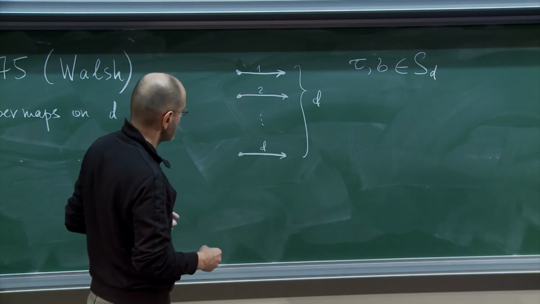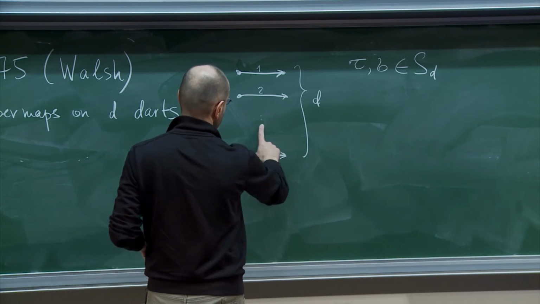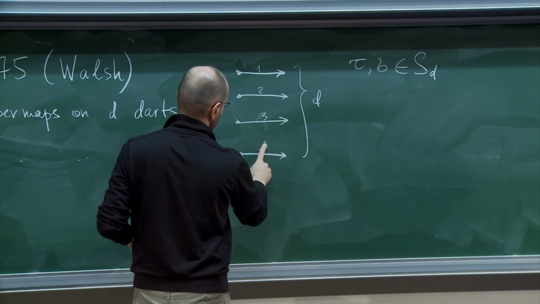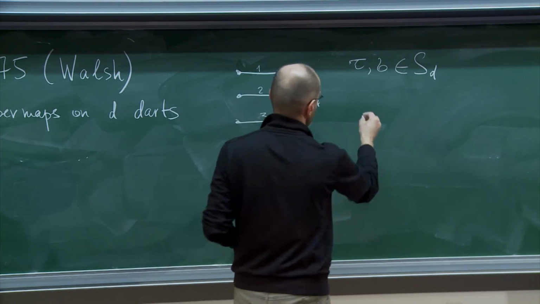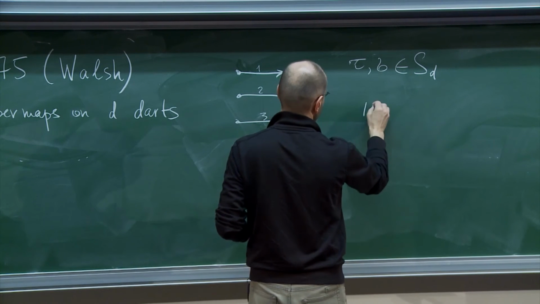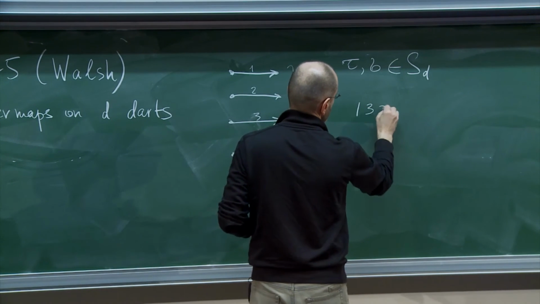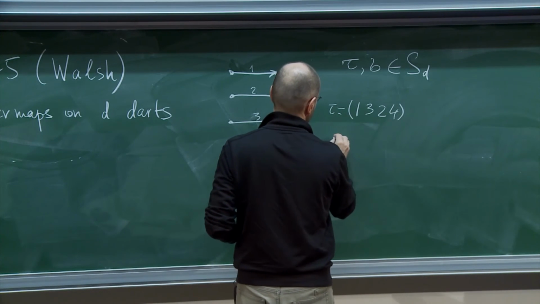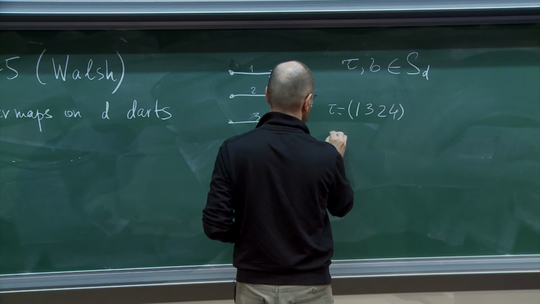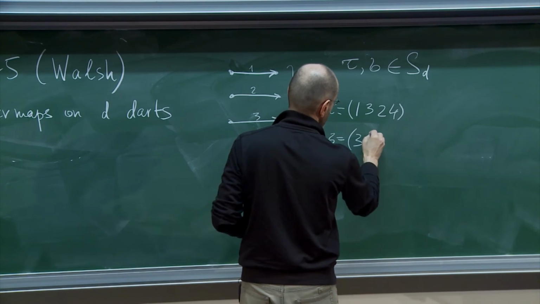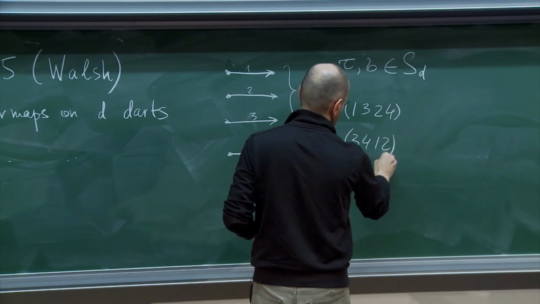For instance, let's take D equal 4 and two permutations, like say, I don't know, 1, 3, 2, 4. That's tau, and sigma is 3, 4, 1, 2.